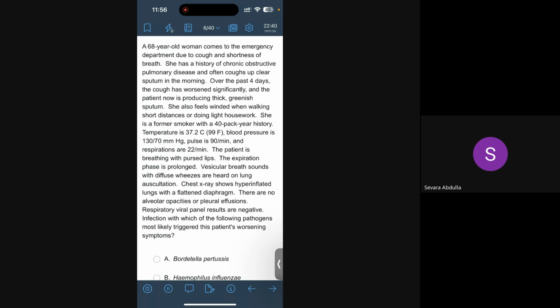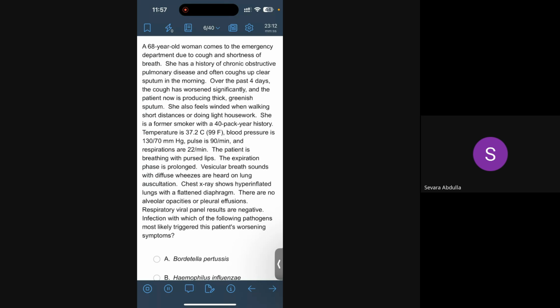The patient is breathing with pursed lips. The expiration phase is prolonged. Vesicular breath sounds with diffuse wheezing. Chest X-ray shows hyperinflated lungs with a flattened diaphragm. There are no alveolar opacities or pleural effusion. Respiratory viral panels are negative.